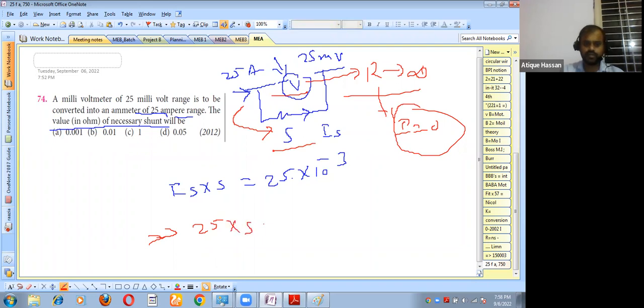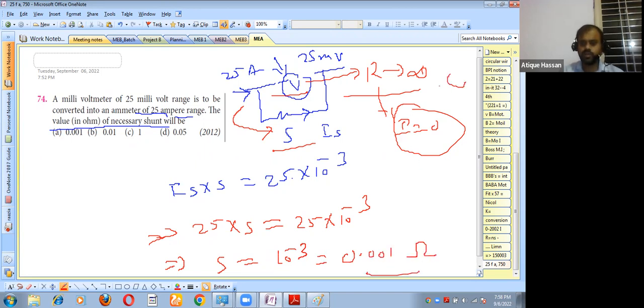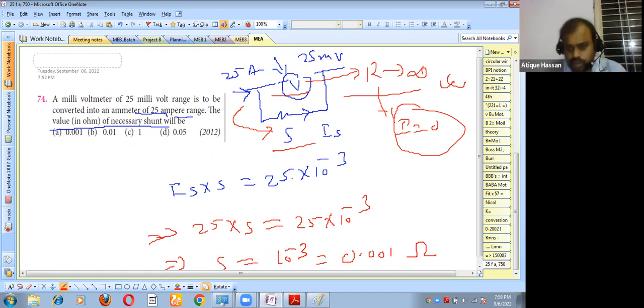So 25 into S will be equal to 25 into 10 to the power minus 3. From here S will be equal to 10 to the power minus 3, which means 0.001. You have to apply this trick, otherwise you cannot solve the question. If you go by the general method, you cannot solve it. You have to apply some concept, and this is very important here. Understood?